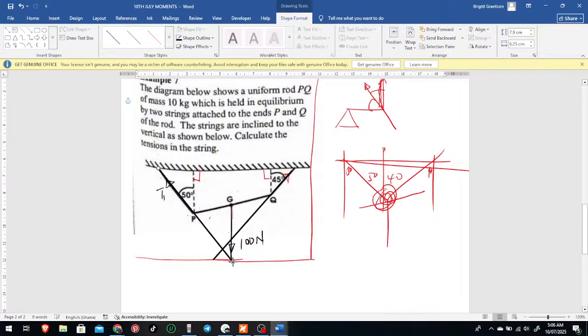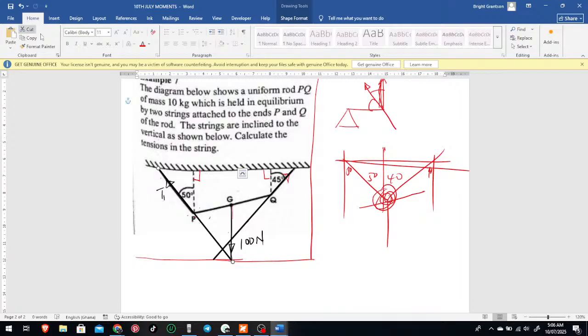So, oh my, this is wrong. My perpendicular is wrong. Unless maybe I draw another line parallel to this, like triangular forces. They are not meeting at 90.